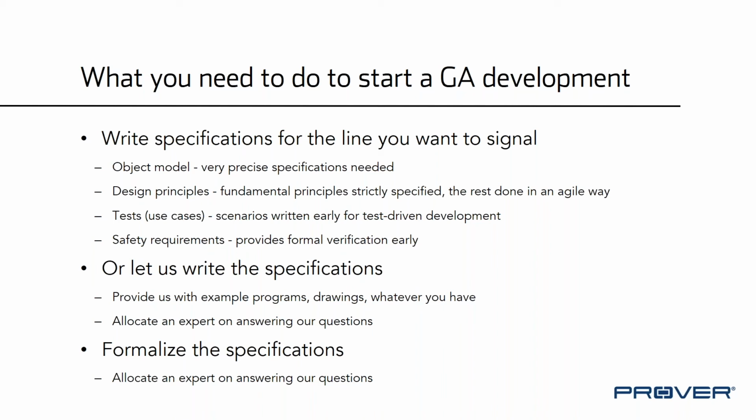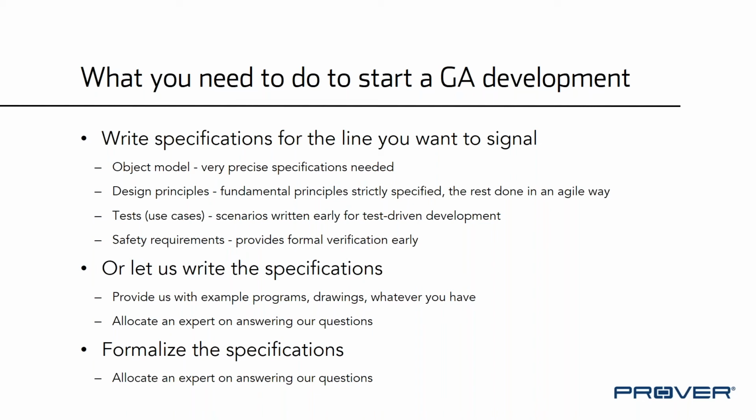An option, if you think this is complicated, is that you let us write the specification. We have done that for many customers. We usually start with example programs, drawings, and whatever you have from earlier. We will probably need from you an expert who can answer questions we will have along the way.